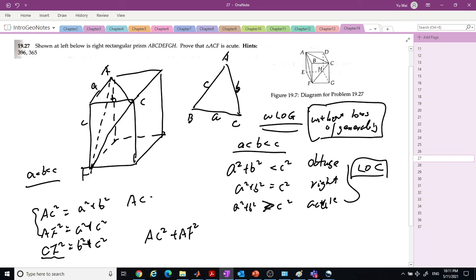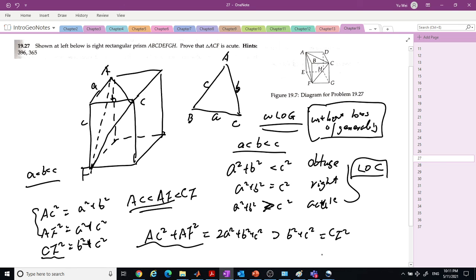So we know AC is less than AF is less than CF, and AC squared plus AF squared is equal to 2A squared plus B squared plus C squared, which is greater than B squared plus C squared, equal to CF squared. Now we have proved that ACF is an acute triangle.